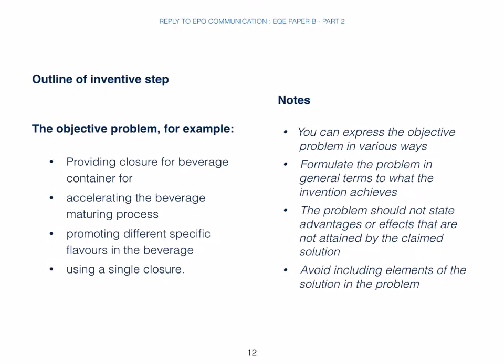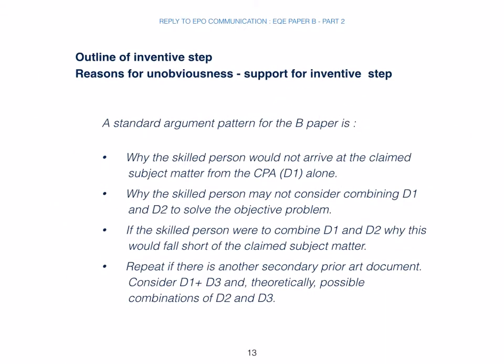As I said, you can express the technical problem in various ways. The illustrated draft is based on advantages as stated by the client. You have to find a good way of expressing the problem that suits you. Then we turn to reasons for unobviousness, or in other words, support for inventive step.